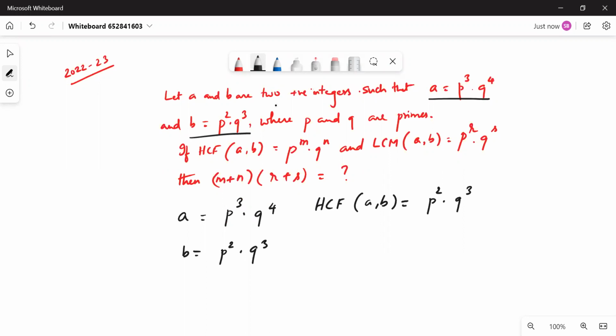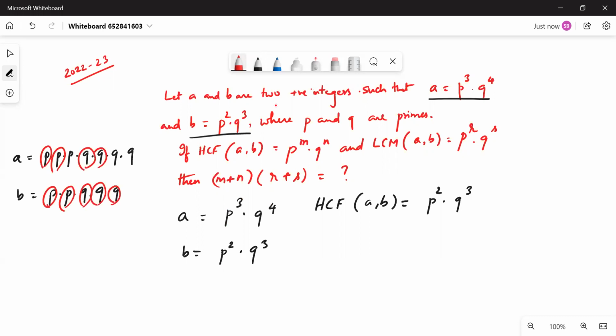You agree with me? Yes, sir. Because A is P into P into P into Q into Q into Q into Q. B is P into P into Q into Q into Q. 2 P's are common, 3 Q's are common. So this is your HCF.